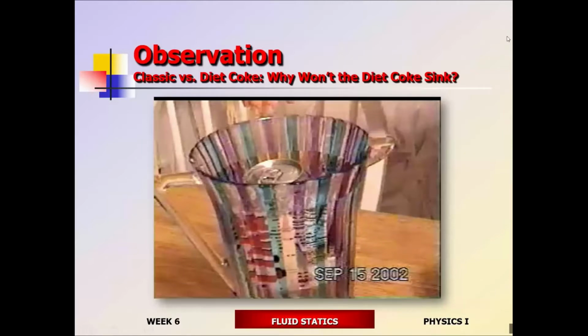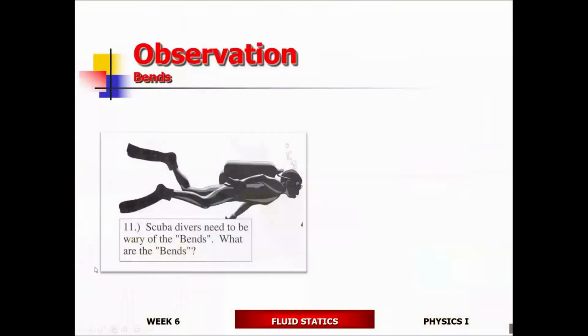You said because it's less dense. I said, if they have the same mass, the same weight, and the same volume, how would the water know that one of them is less dense than the other and push it in the opposite direction? And you guys didn't come up with an answer for that one.